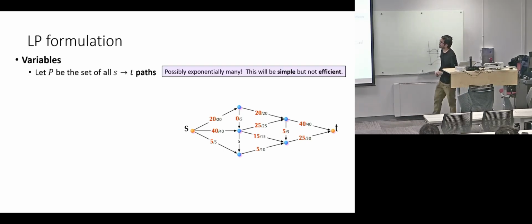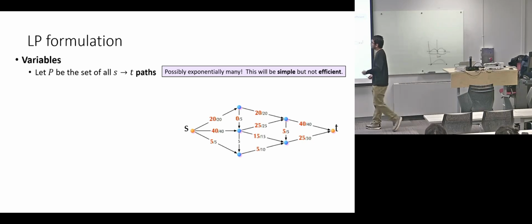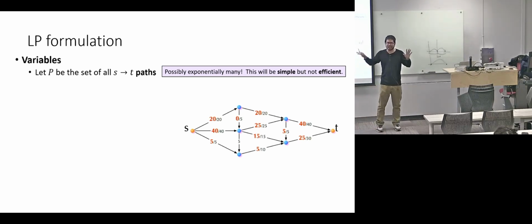So let's say that I start with the variables, where I have a set P here. P is now the set of all ST paths. P is not just one single path, right? P is a set of all ST paths. There are exponentially many.